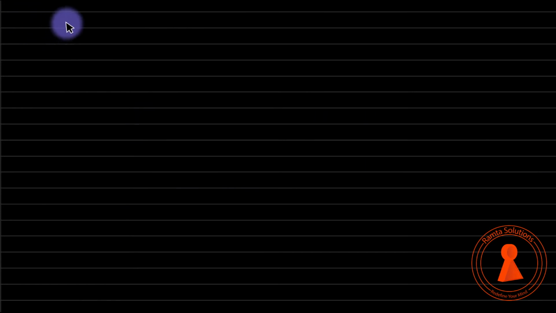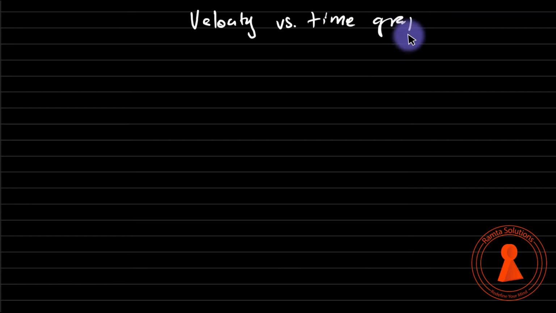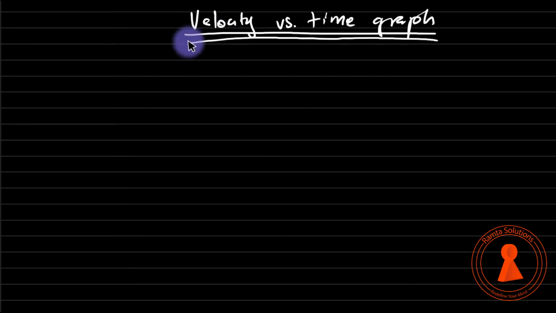So without any waste of time, let's look at it. We are looking at the velocity versus time graph. A reminder to you guys, we said the graphs are coming from this equation, vf equals vi plus a delta t.